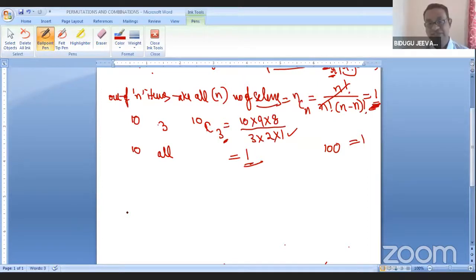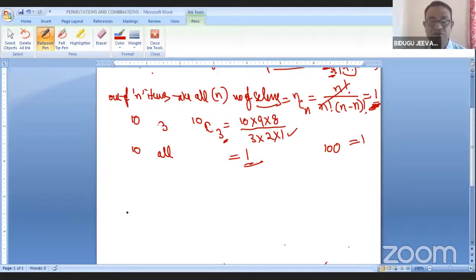See, suppose 50 people are there. I want to select all the 50 people. How many selections are there? 1. Is it right? So 30 people are there. I want to select, not arrange. I want to select all 30. How many ways? 1. Only 1, right?